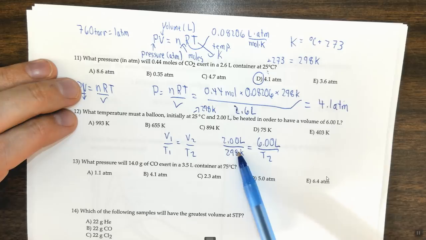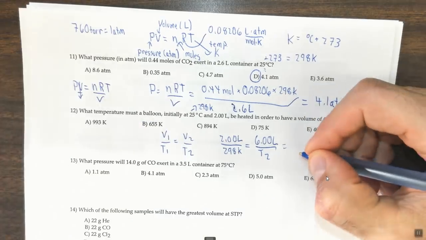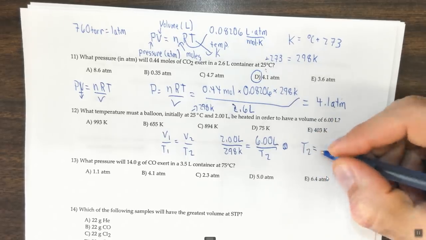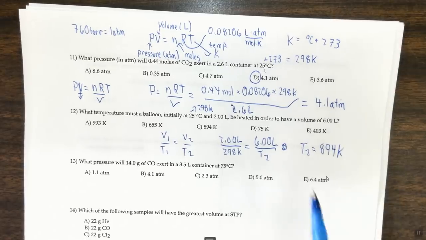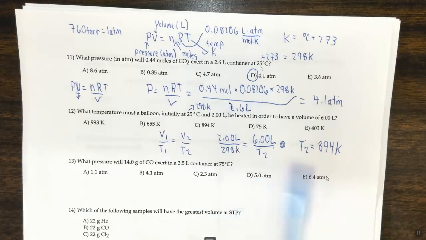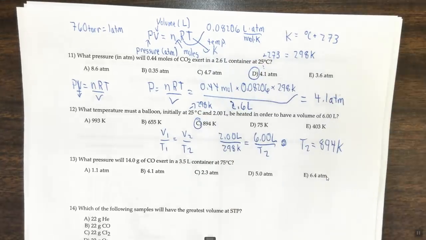Then after you multiply 6 by 298, you divide by 2. And what you find is that T2 equals 894 K. Another way of thinking about this is we tripled the volume, from 2 liters to 6 liters, so we have to triple the temperature from 298 to 894 K. So it's a big difference in temperature. That is choice letter C.